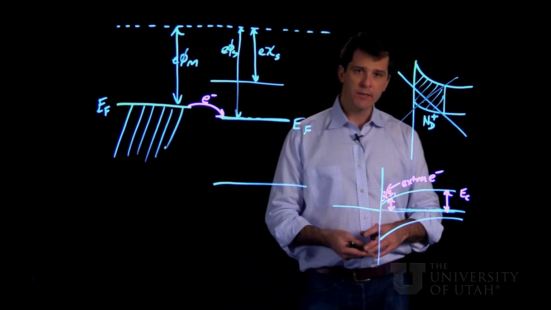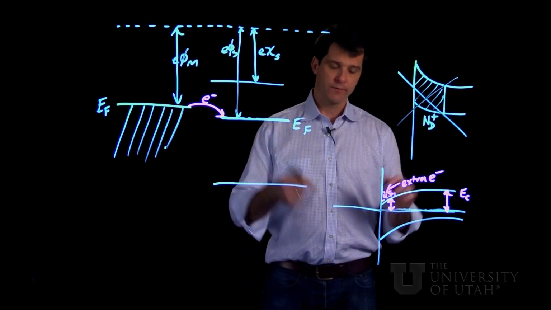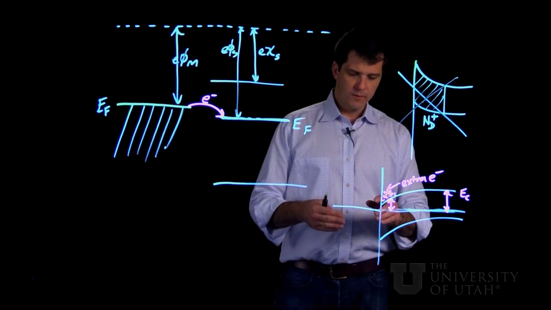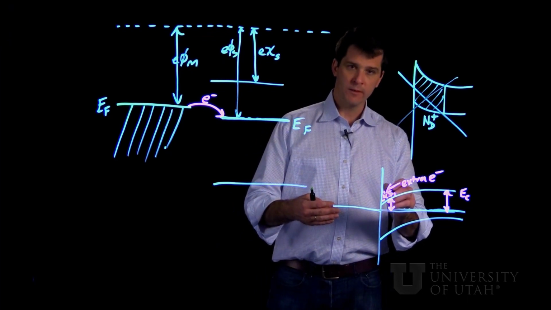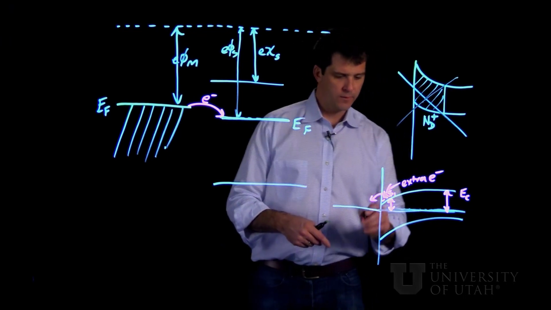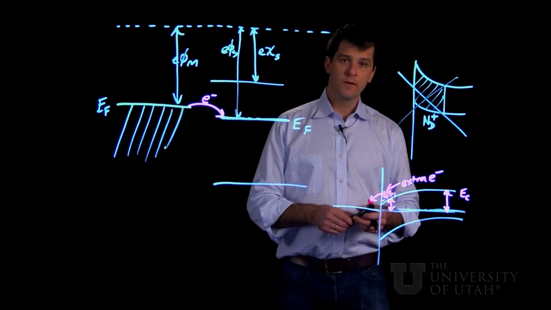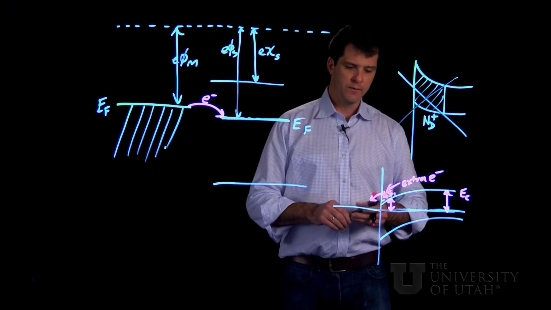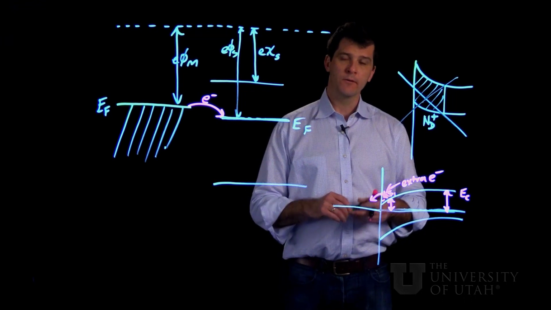So in this situation, we actually have no problem flowing current either way. There's no rectification because the metal can inject carriers into the conduction band easily, and the conduction band can inject carriers easily into the metal. So there's no barrier formation, and either sense of applied voltage will result in a current that flows easily without having to overcome a barrier.